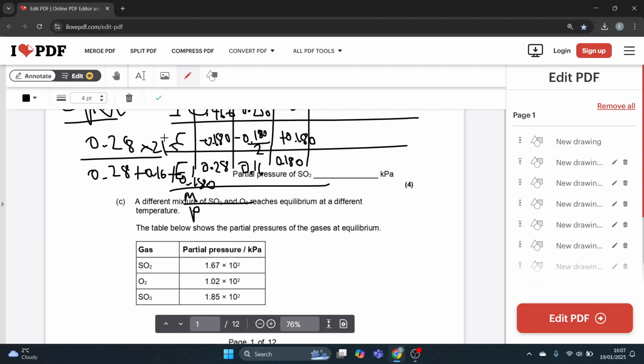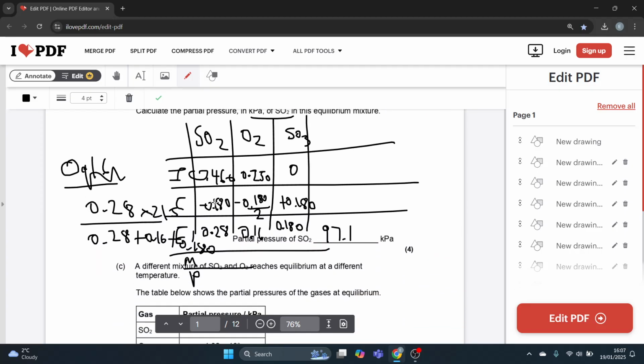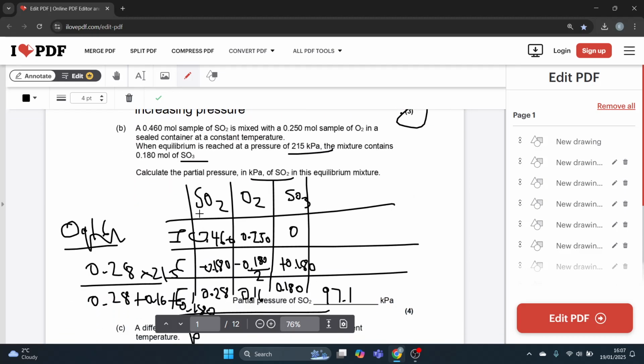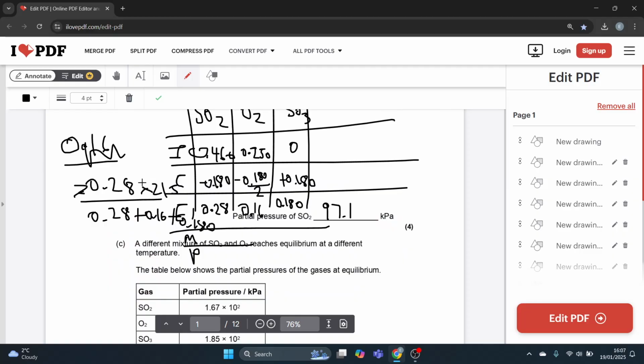So 0.28 divided by 0.28 plus 0.16 plus 0.180 times 215, and I get 97.1. I was going to say we need to times it by 2, but the initial moles of SO2 already is that, so this already accounts for the 2 SO2, and you get 97.1 kilopascals.